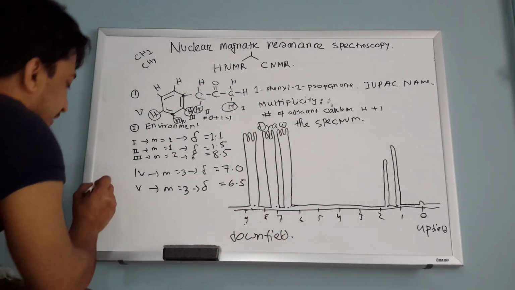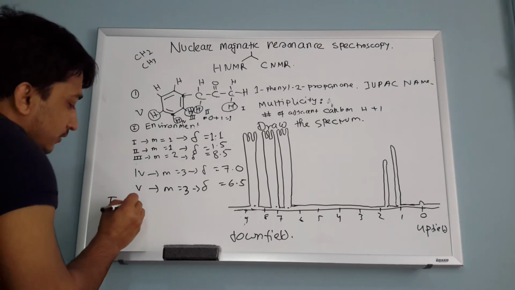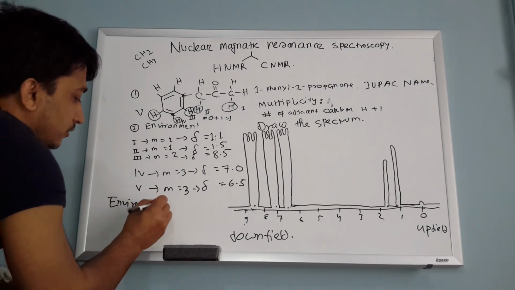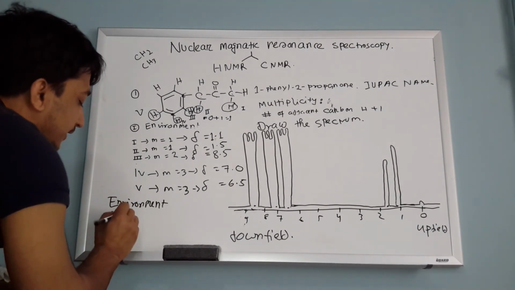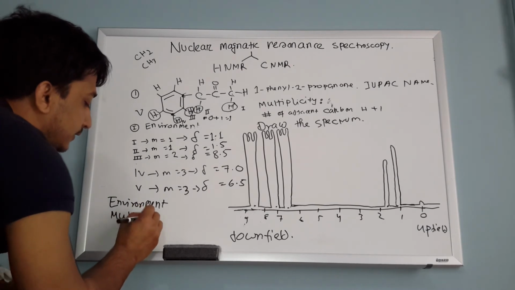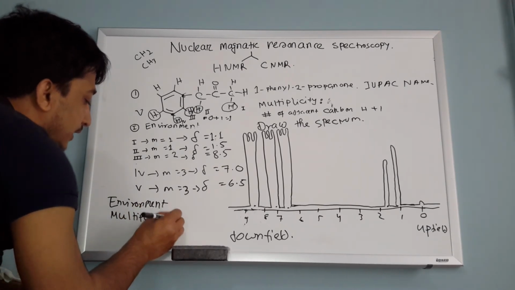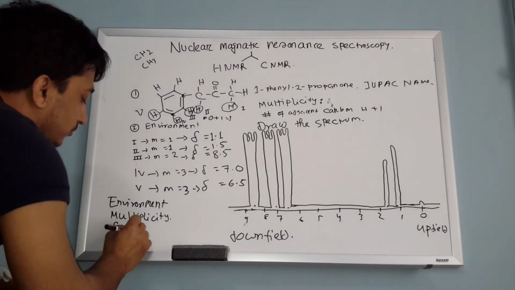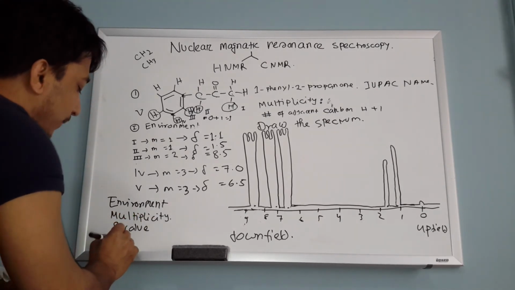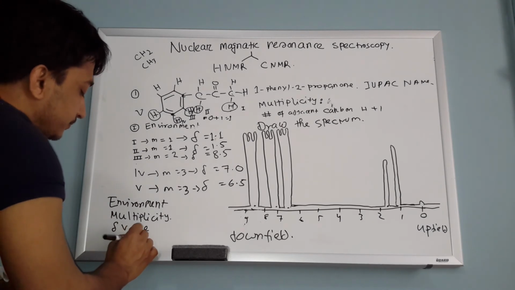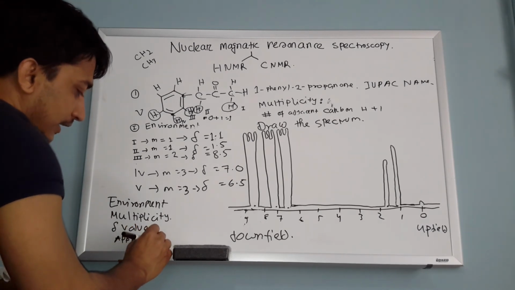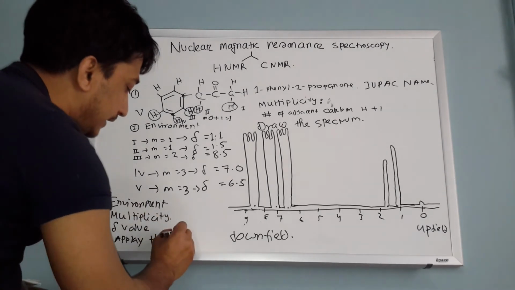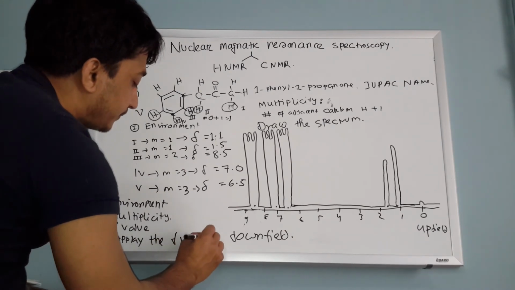So first is environment, then multiplicity. Then you can find out your delta value. Apply the delta value in the spectrum.